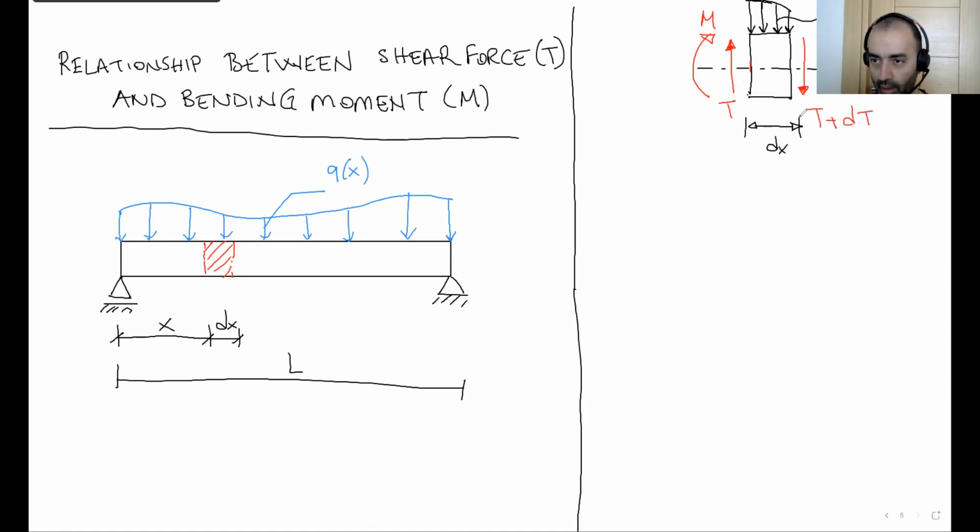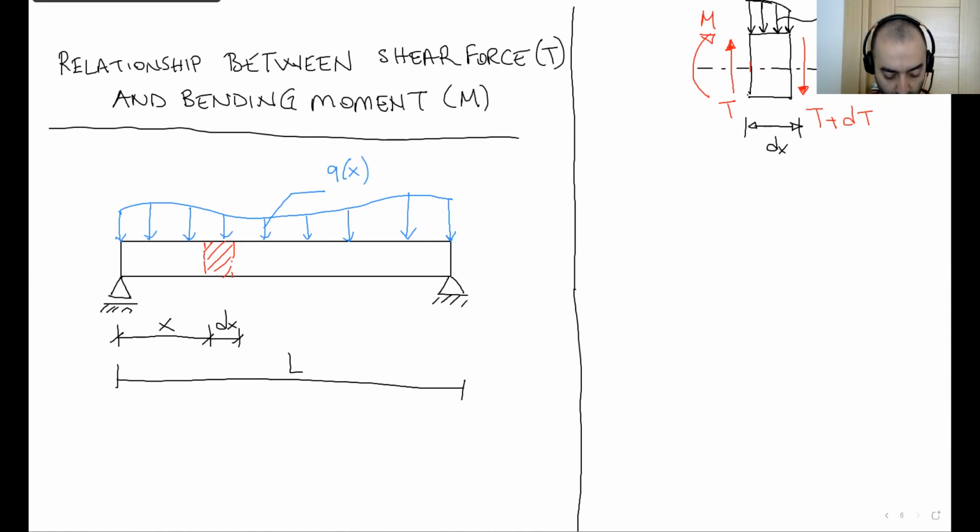There is a difference between the left and right-hand sides. It's the same for the moment, M plus dM. Why do we have these differences? Because there is a distributed load on top of this portion. As you can see, we have this Qx here. So due to this Qx, the left-hand side and the right-hand side shear force and the moment are different.